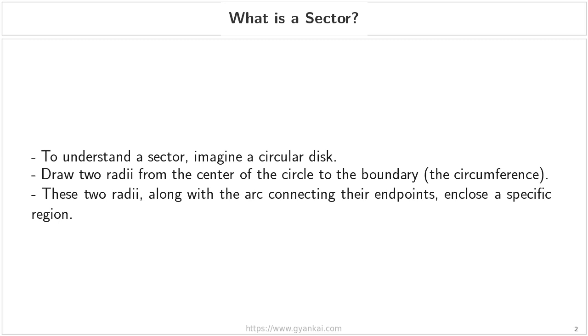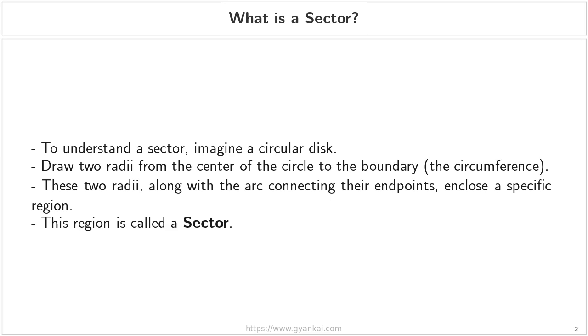As you look at these two lines, notice the curved edge of the circle that connects their two endpoints. This curved part is what we call an arc. The specific wedge-shaped area that is trapped or enclosed between these two radii and that arc is what we formally define as a sector. Think of it as a specific piece of the whole circle.